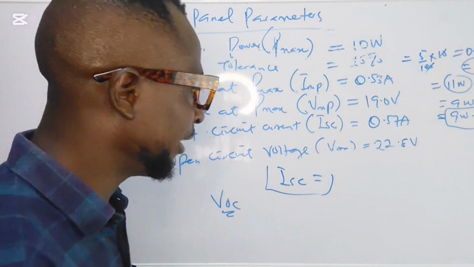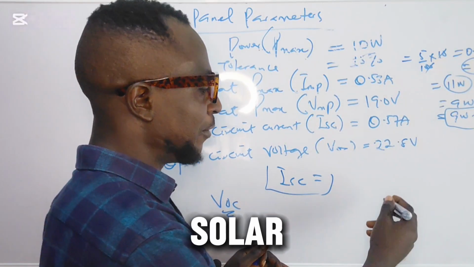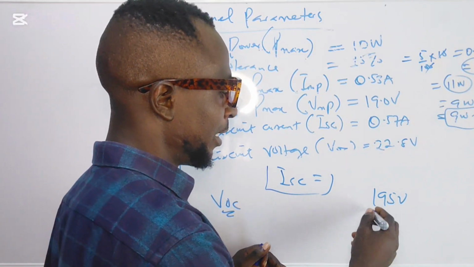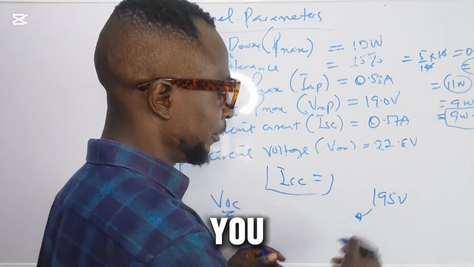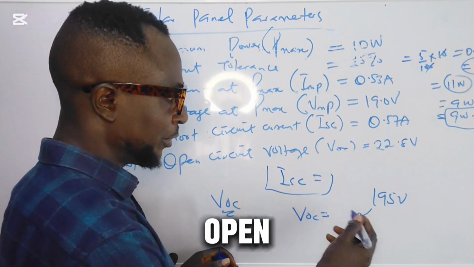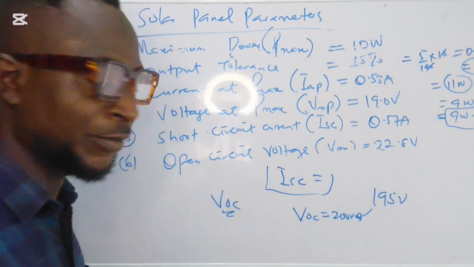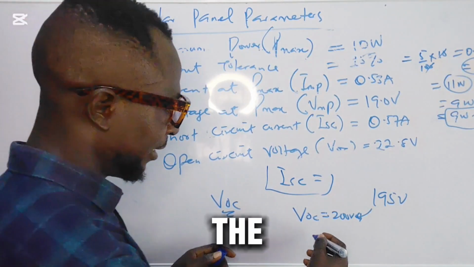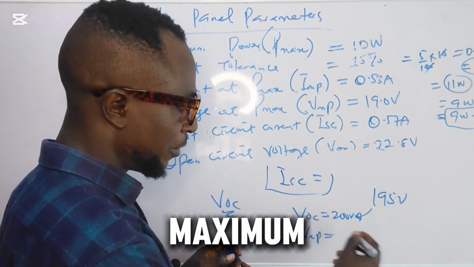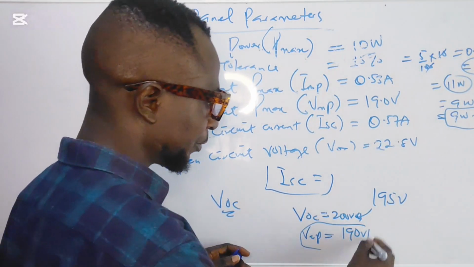If, for instance, you are using a charge controller with a maximum solar voltage of 195 volts, and in your setup you are getting an open circuit voltage of, let's say, 200 volts, and the Vmp, the voltage at maximum power, is, let's say, 190 volts.